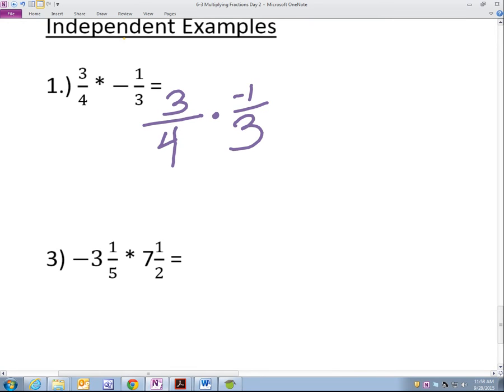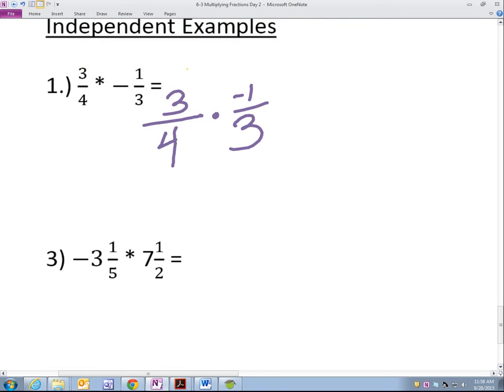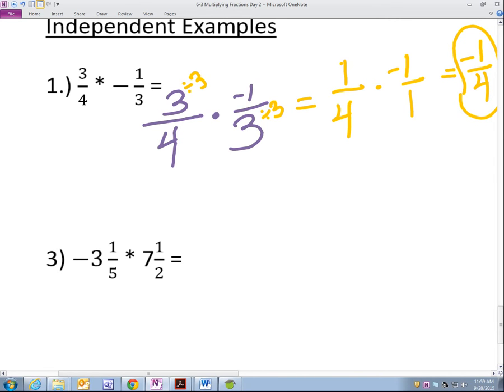I'm going to reduce the 3, as Chase just said, by 3 by 3. So now what I have left is 1 over 4 multiplied by negative 1 over 1, which comes out to be negative 1/4, and that's my answer. Negative 1/4.